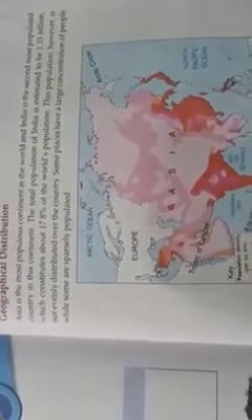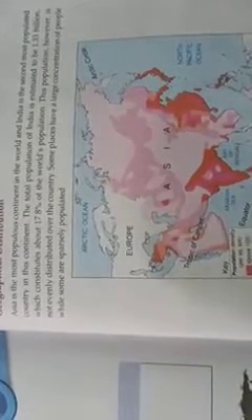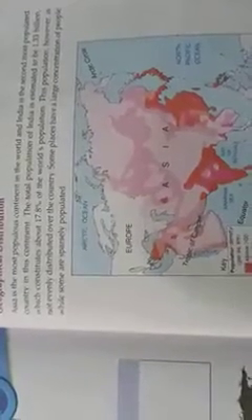The total population of India is estimated to be 1.33 billion, which constitutes about 17.8% of the world's population. So here, children, you come to know the population of India and its position in the world. It is the second largest.